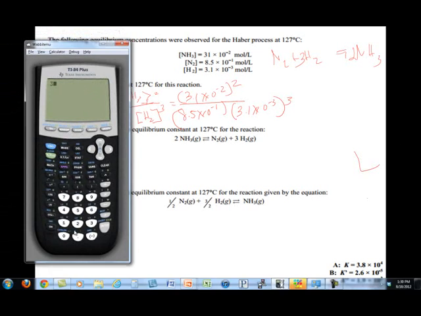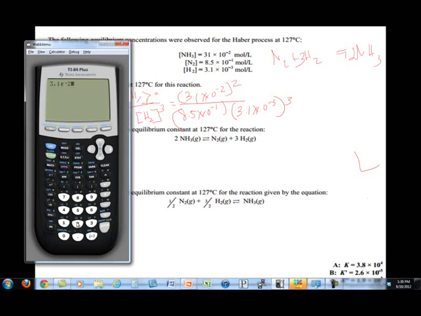I'm going to put an L here for last time. Alright, 3.1 second EE negative 2, whatever that is, I'm going to square it, okay?